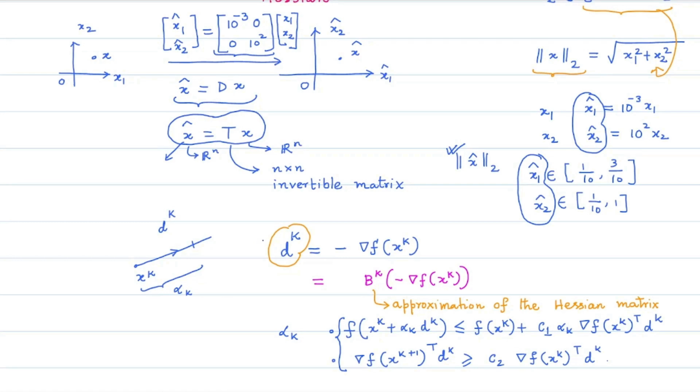And therefore, accumulating all, we notice that in the calculation of dk and alpha k in a general descent algorithm, the values of the gradient, the function value, or the Hessian matrices are the three particular terms that greatly influence the calculation of this descent direction dk and this step length alpha k.